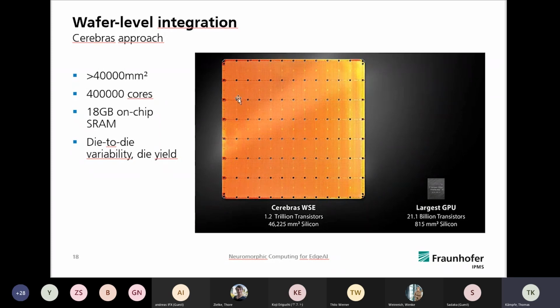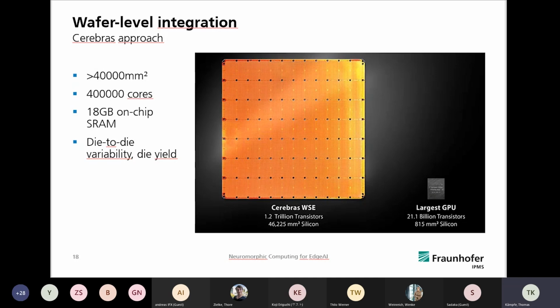So it's vulnerable basically to die yield. Nevertheless, it is extremely strong in that you have much more memory bandwidth in such a system, which is right away connected by wafer-level integration. In fact, you have 10,000 times the memory bandwidth than in conventional systems.